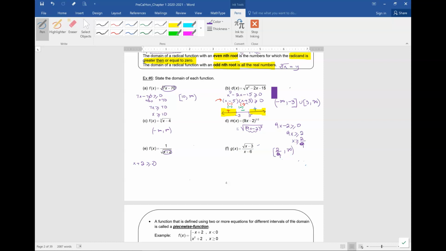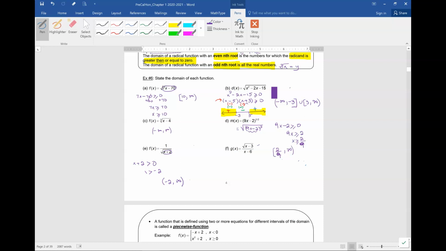But this time, the root is in the denominator. Can it actually be 0? It cannot be 0. So we say it has to be strictly greater than 0. That's the only difference. So x is greater than -2, and the domain is this.